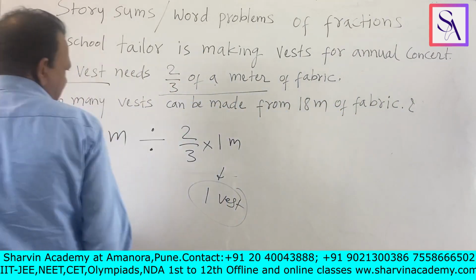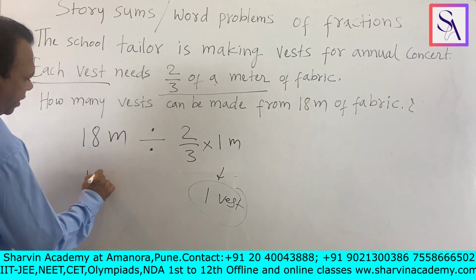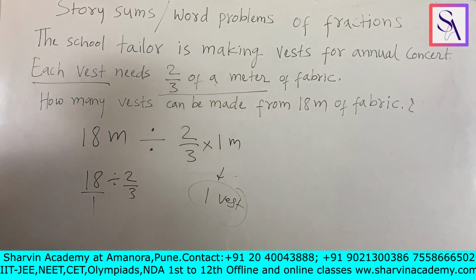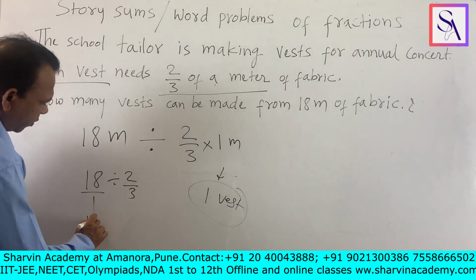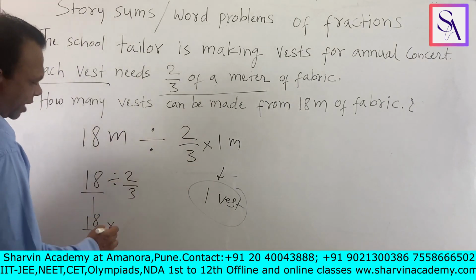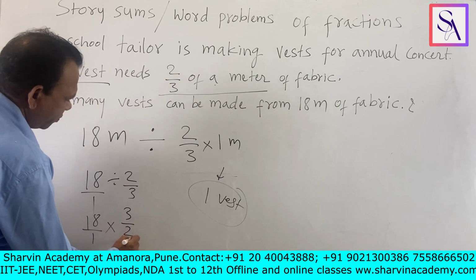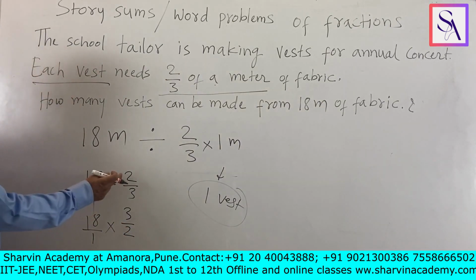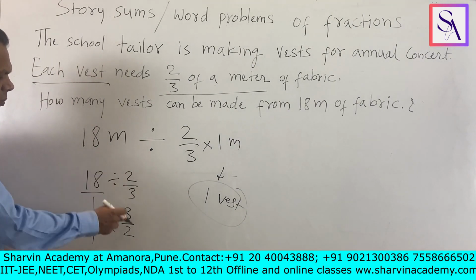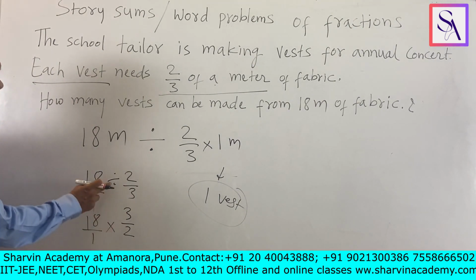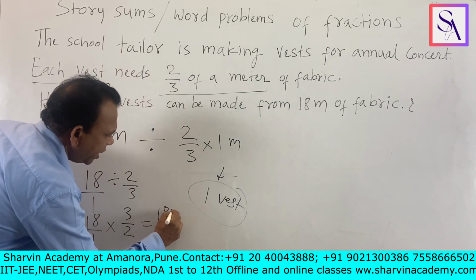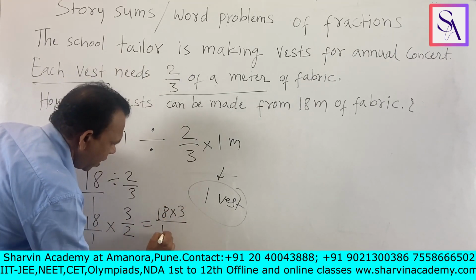We know how to do the division. 18 divided by 2/3. Below 18, 1 is there, so 18 will be as it is. In the multiplication sign, you have to take the reciprocal, 3 by 2. 2/3 will be flipped, 3 will go up and 2 will go down to convert this division into multiplication. So now 18 into 3 divided by 1 into 2.